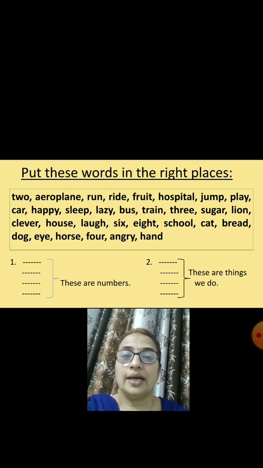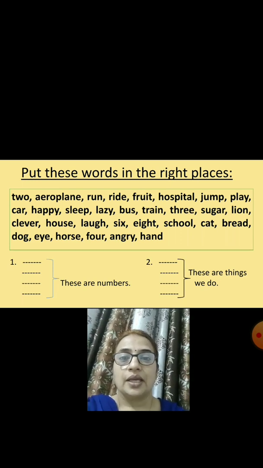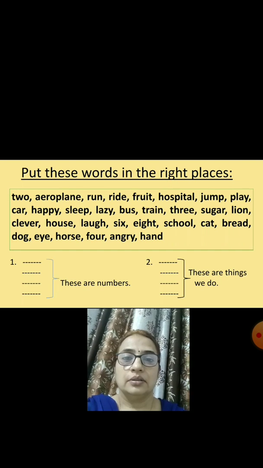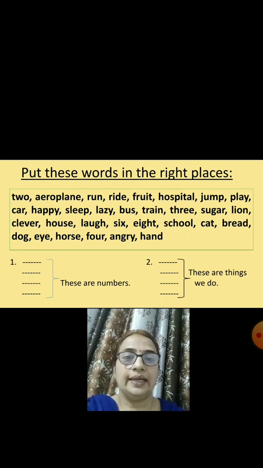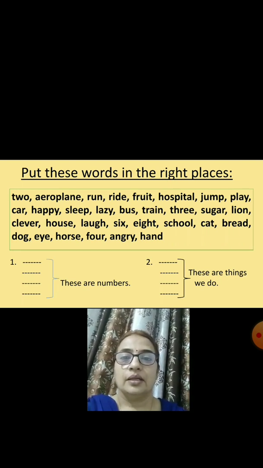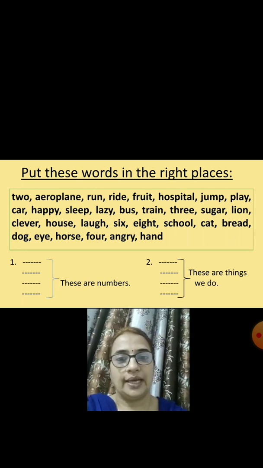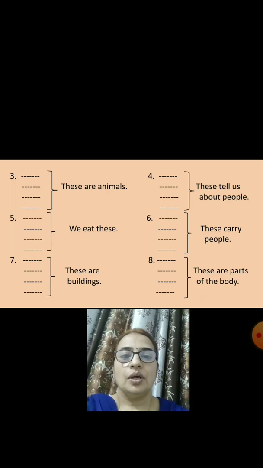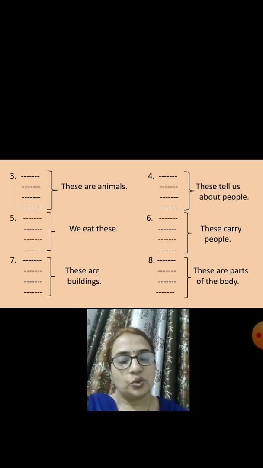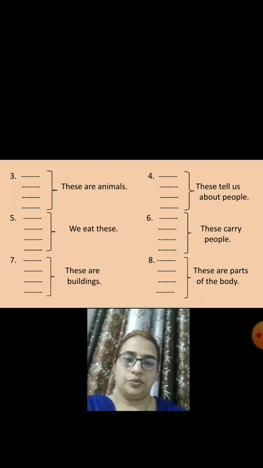And in the fourth line, it's not there. So let us check again. Hospital. In the second line, it's not there. Third line, house and school. And in the fourth line, it's not there. So these are the buildings: school, hospital, and house.